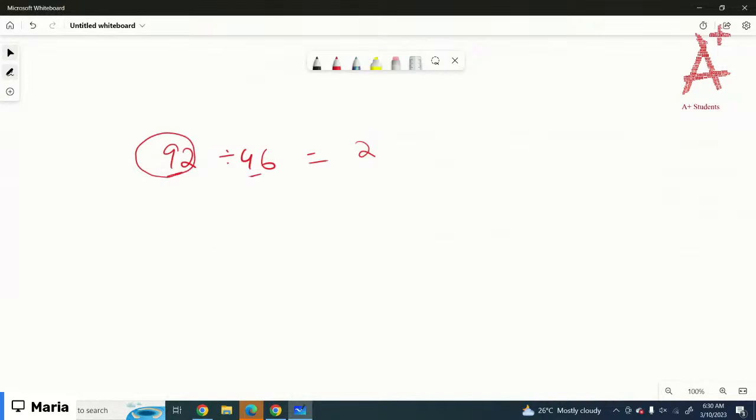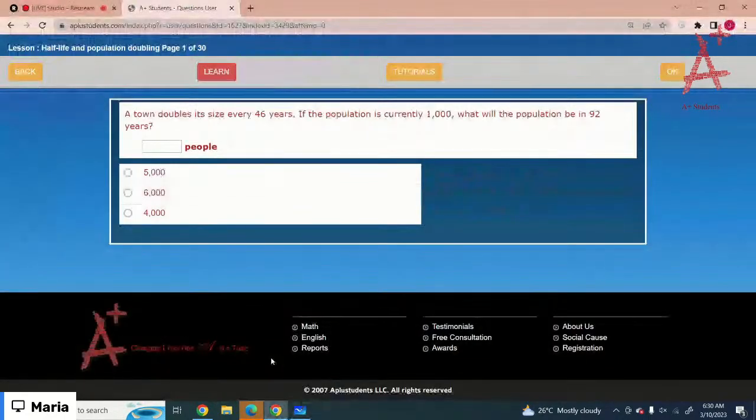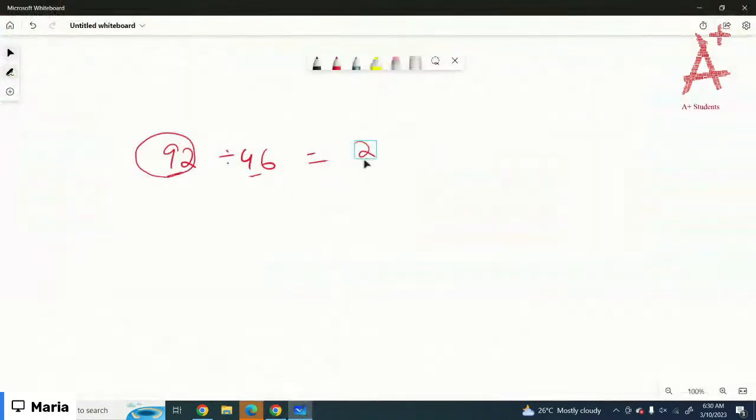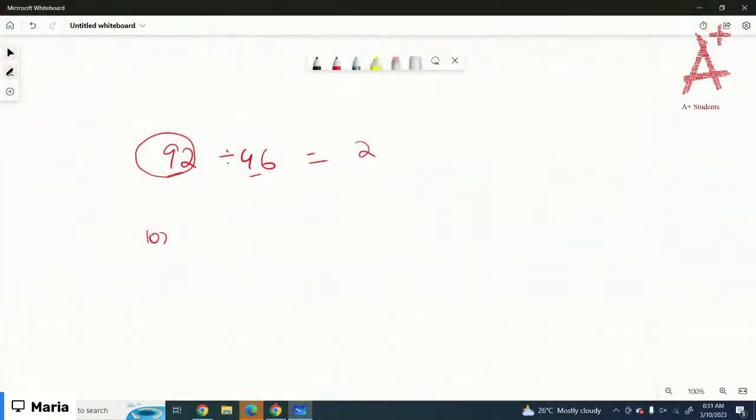Got it? So you have to calculate, if the population is currently 1000, the population after it doubles 2 times. After 46 years, the 1000 doubles to 2000.